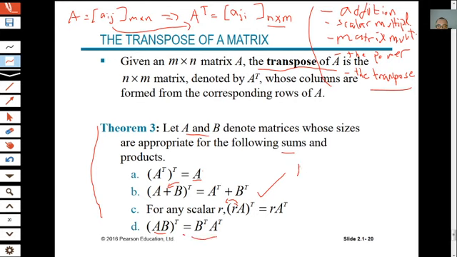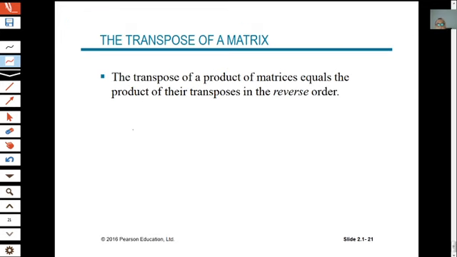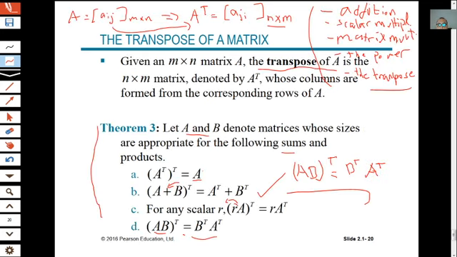Okay, A times B transpose is equal to B transpose times A transpose. The transpose of a product of matrices equals the product of their transposes in the reverse order, as we talk about.